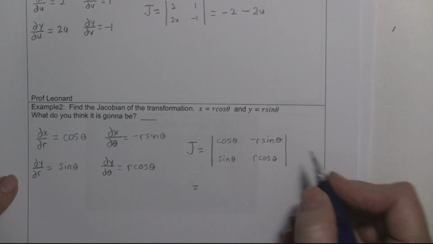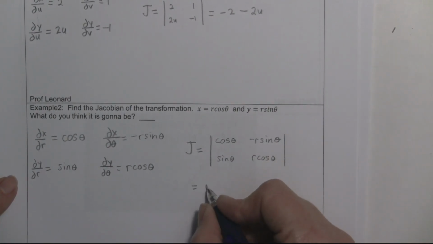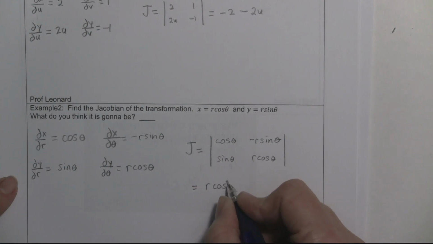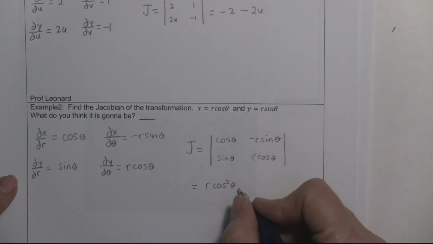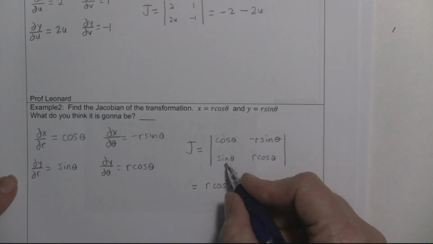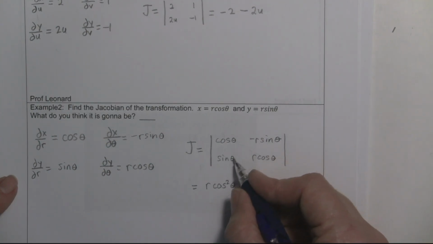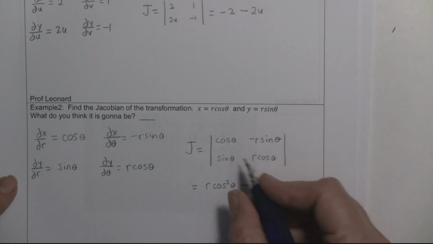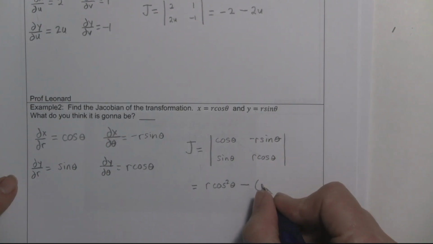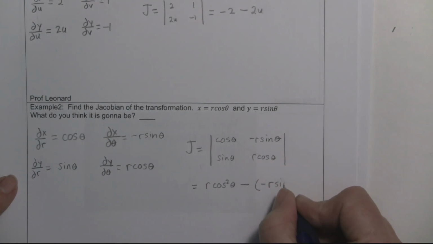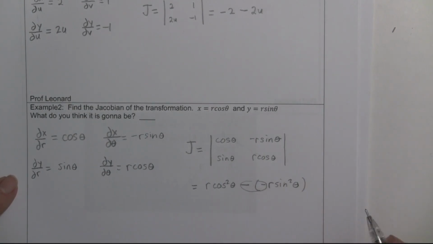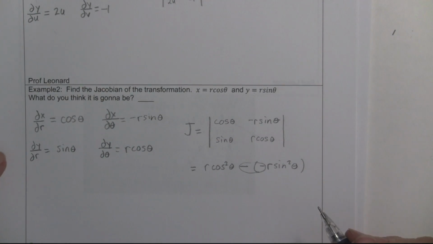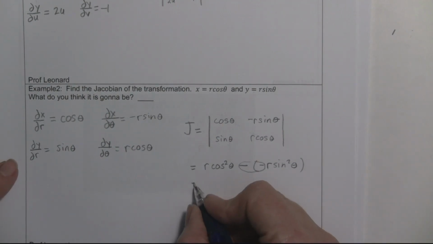Here I'm going to get r cosine squared theta when I multiply these together. Then remember that you subtract, and when I multiply those together, they're a negative. So I'll put a parenthesis, negative r sine squared theta. So when I double subtract there, subtract of a negative, that's an add, of course.